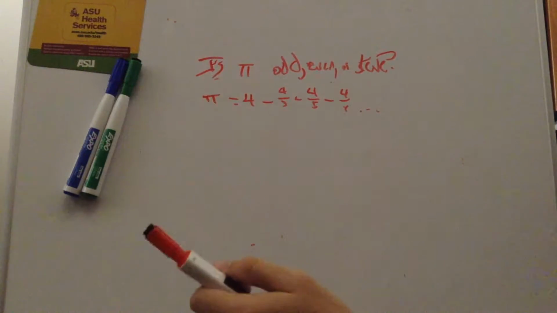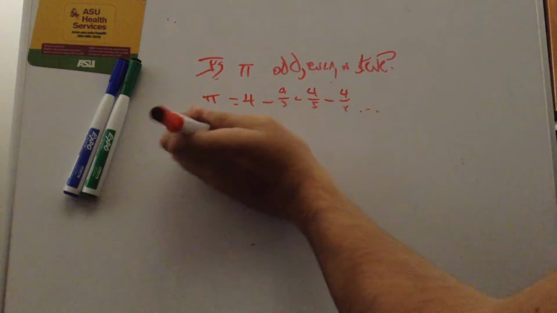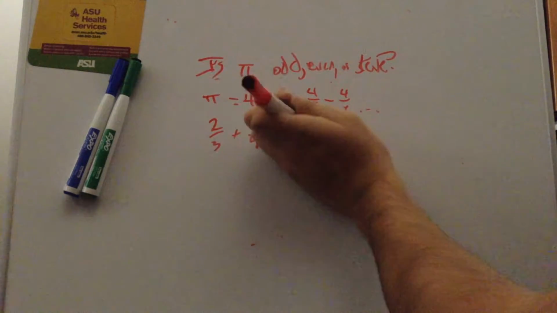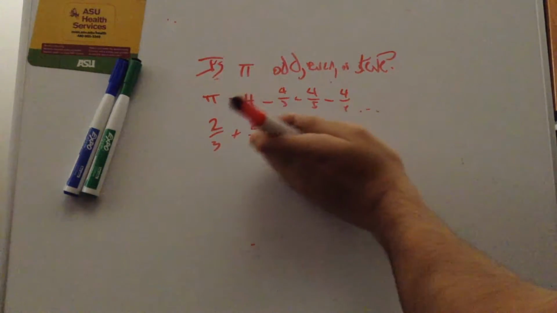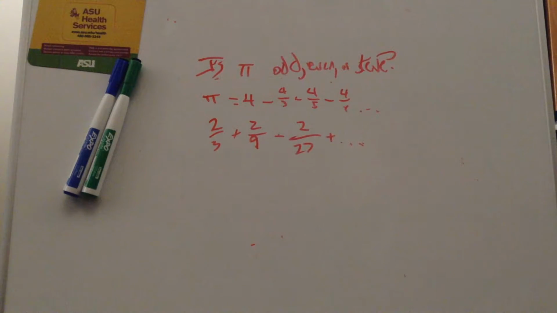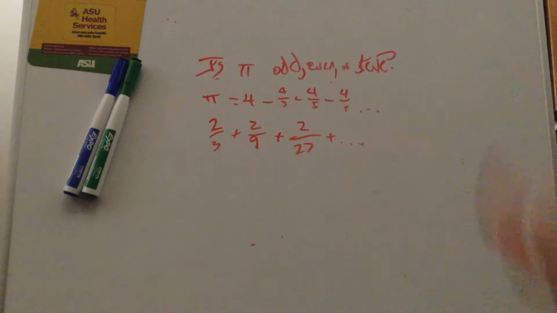Let's start by considering the following sum. 2/3 plus 2/9 plus 2/27, and so on. So, here everything is once again even, and it's also a geometric series, so we can check what's going to happen here.